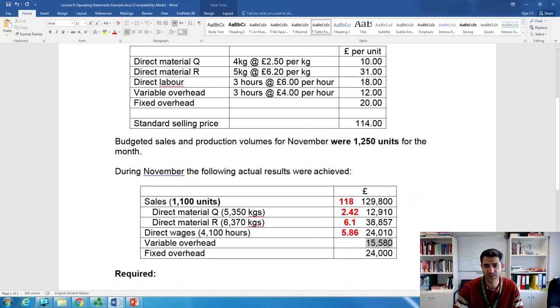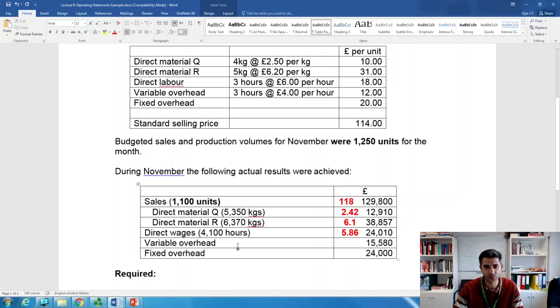In terms of variable overhead, the actual total cost is £15,580. As you see in the question, there are no hours given for variable overhead. How can I find the variable overhead per unit? Here £4 is the budgeted. As I mentioned in the lecture, we need to rely on number of labor hours, so we absorb the variable overhead based on labor hours.